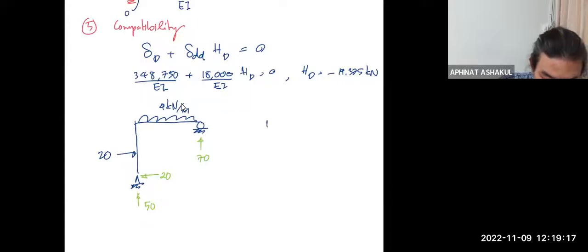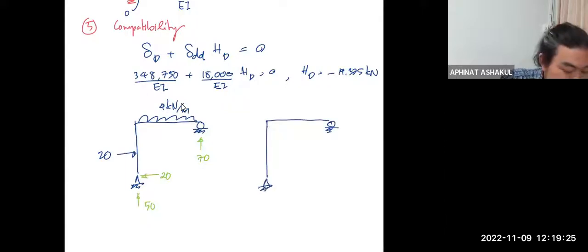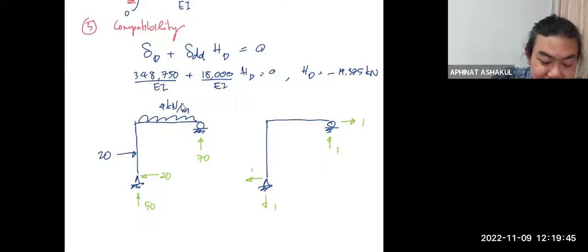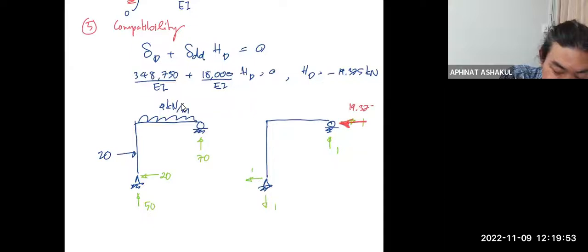And another, you remember the first time we applied this, right? And we got this. So our result is negative. So it means that this is in fact in this direction. And it's 19.375, right?